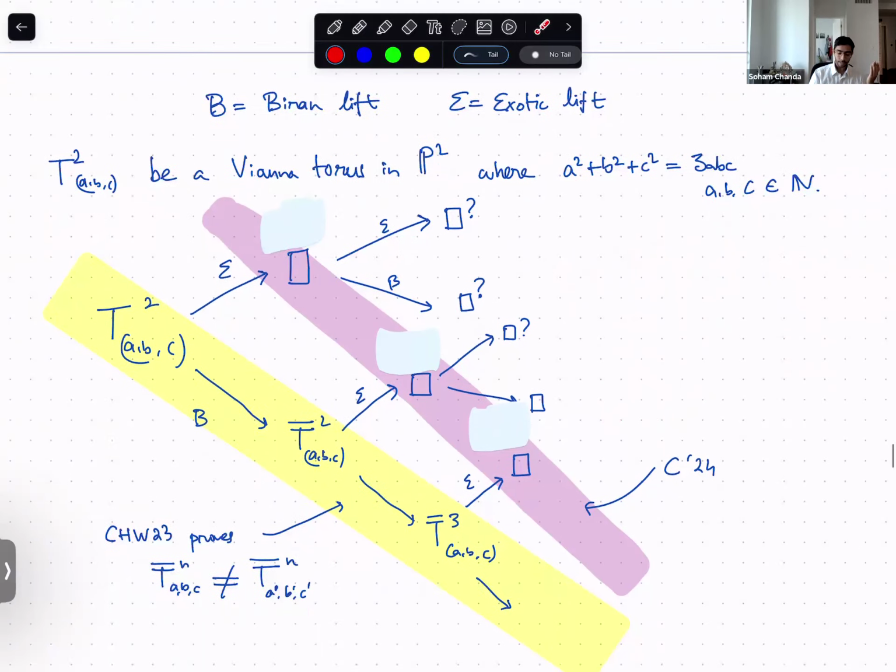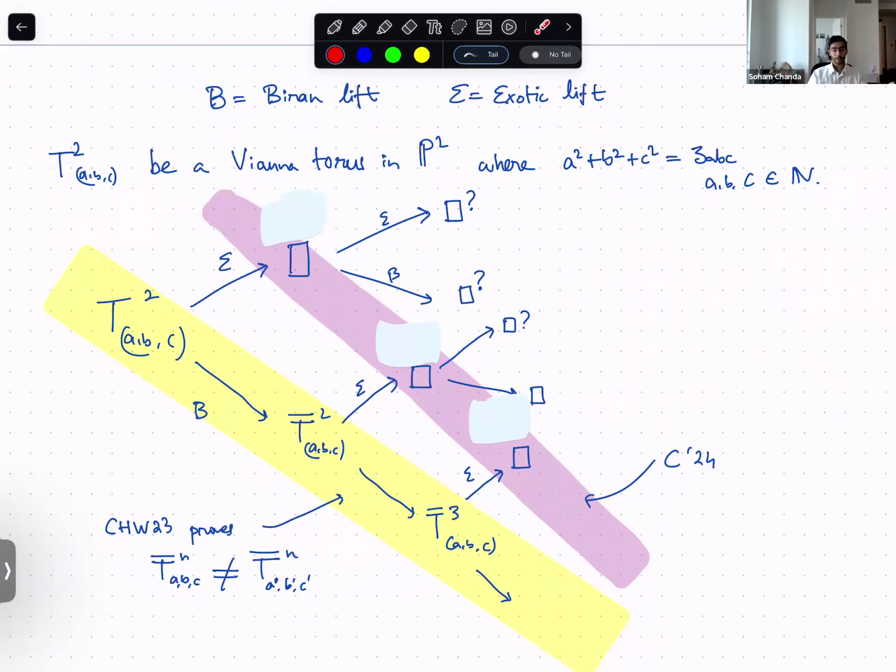So this tells you that there are infinitely many, because we know that this set is infinite. So there are infinitely many tori in P2. And one can just keep taking Biran lifts of them and construct lifts of that. This will be T3. So you start with T2, then you get a Biran lift, which is T3, and then you can do this again.